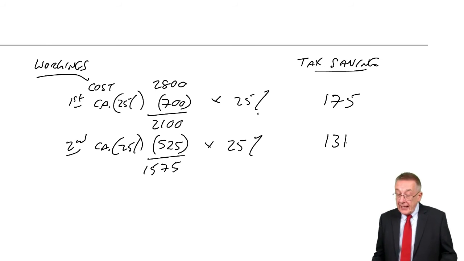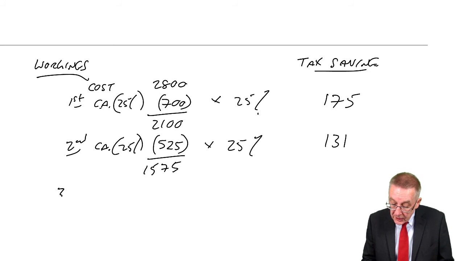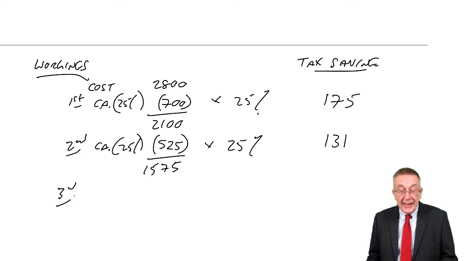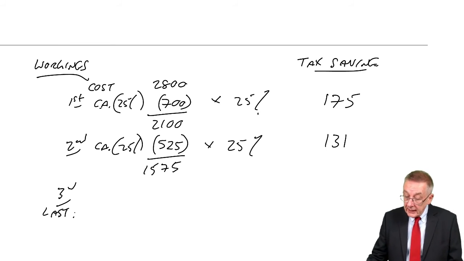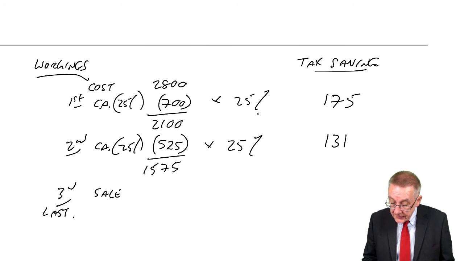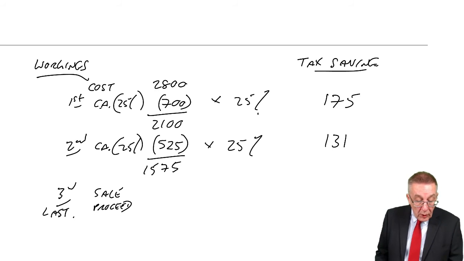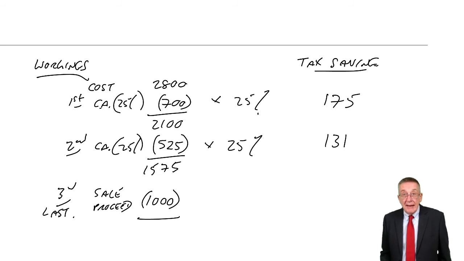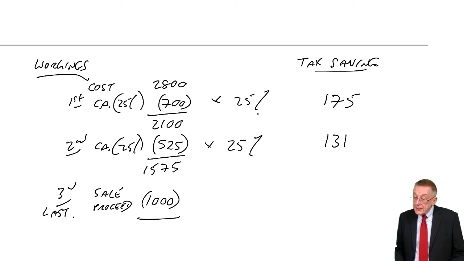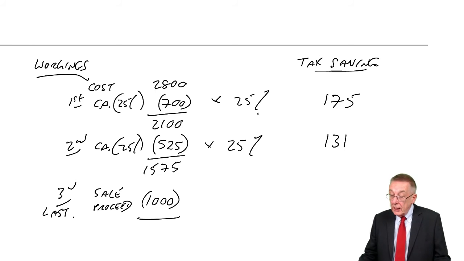This one again lasts 3 years, and so the third year is the final year. And in the final year, we simply deduct the sale proceeds, which are 1,000. And whatever's left is a balancing allowance or a balancing charge.